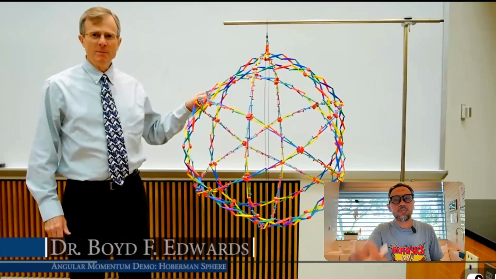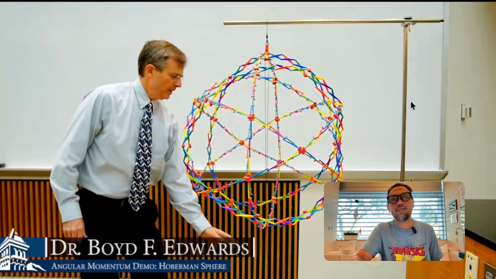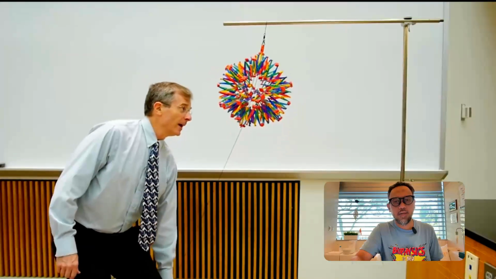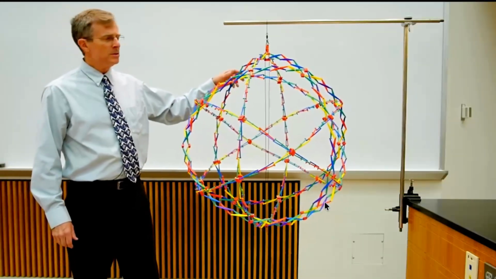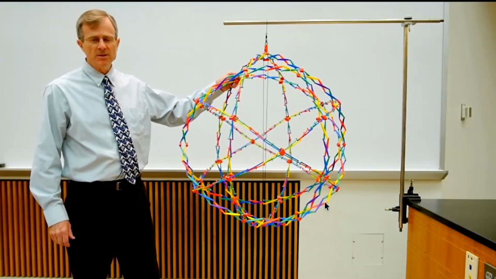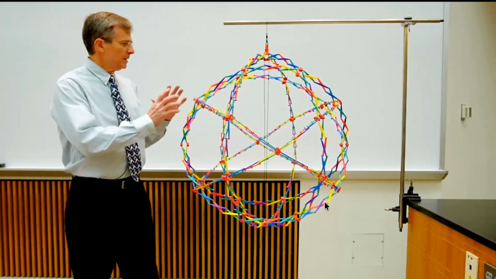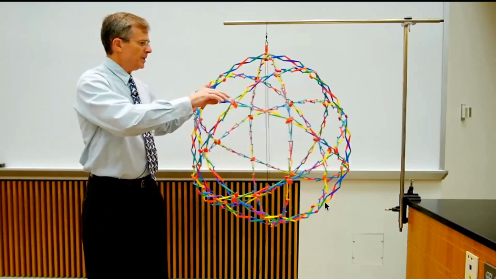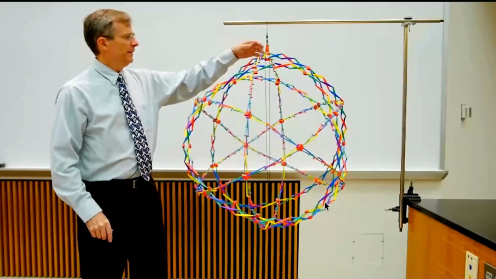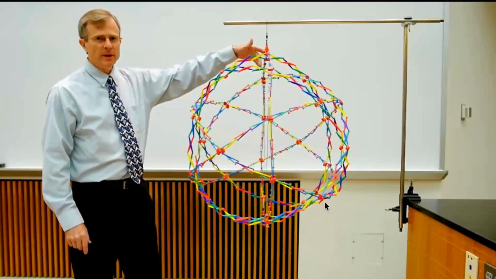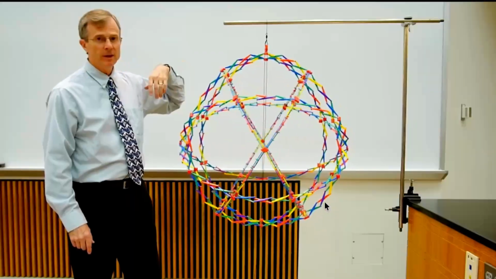This is a Hoberman sphere. You can expand it and contract it using this string. What I'm going to do is use it to demonstrate the conservation of angular momentum. I'm going to rotate it about this vertical axis, and that axis is also denoted by the string that passes vertically through the sphere.